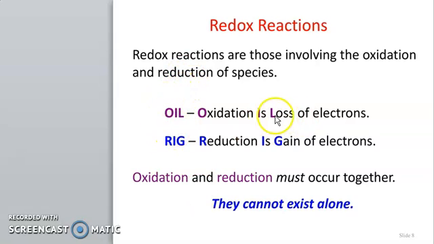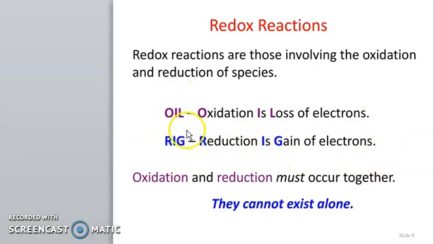OIL: oxidation is loss of electrons. Okay, how to know the oxidation? So this is OIL, oxidation is loss of electron. And what is the reduction? Reduction is gain of electron.